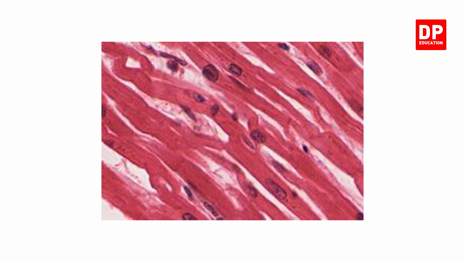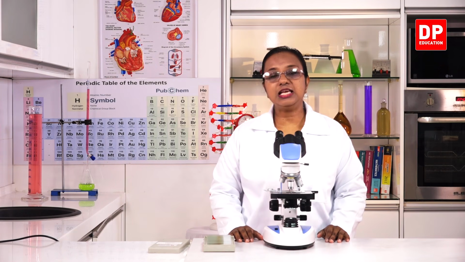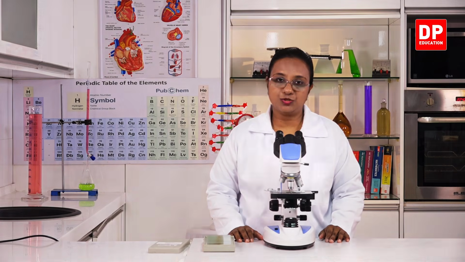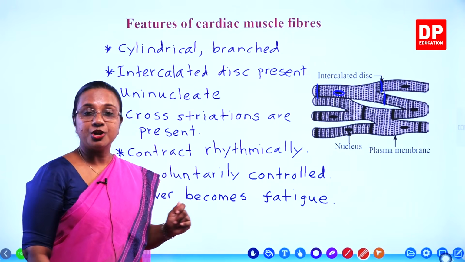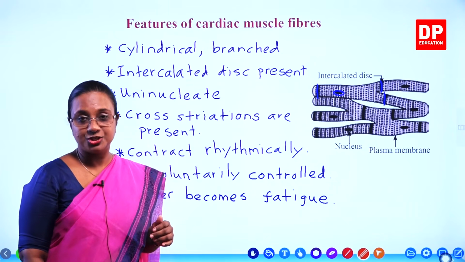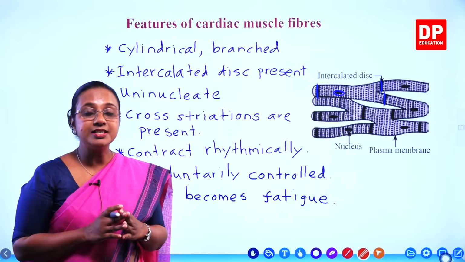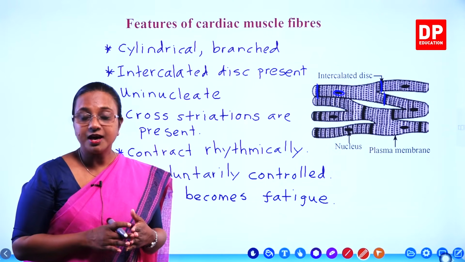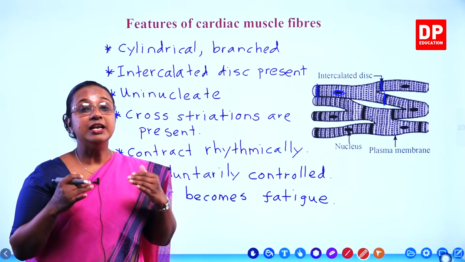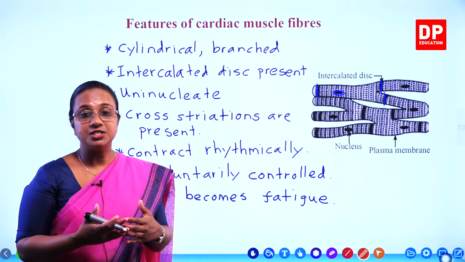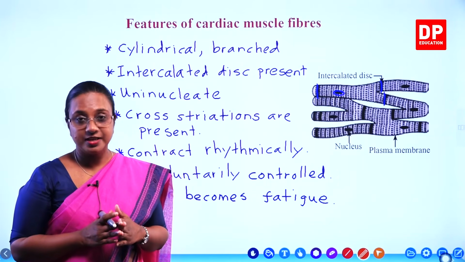So students, you have observed how the cells look like in a cardiac muscle tissue. So with that, we finish the discussion on cardiac muscle tissue. I am sure students, now you understand the 3 different types of muscle tissues and you should be able to compare as well as differentiate the features.